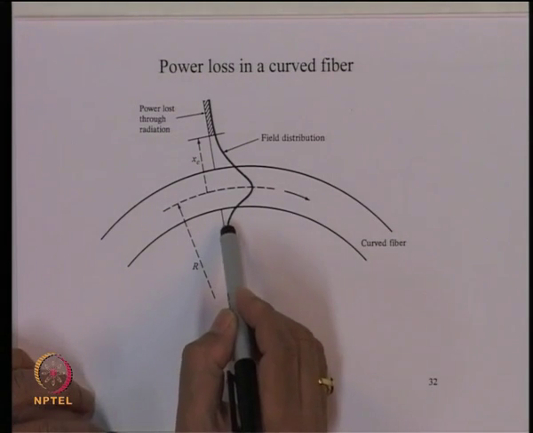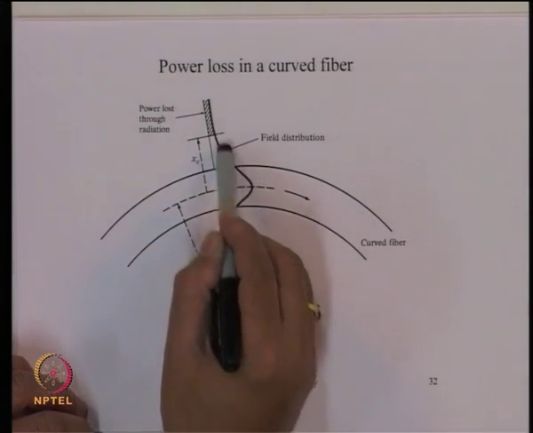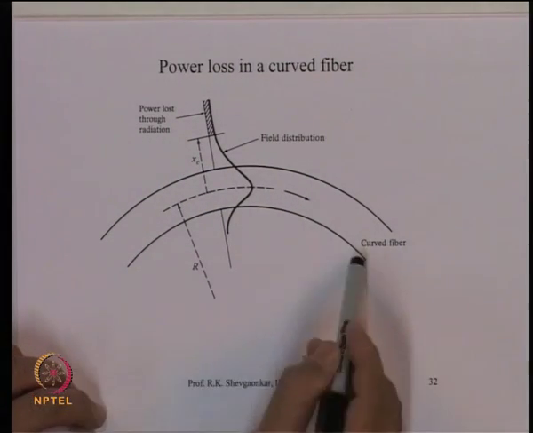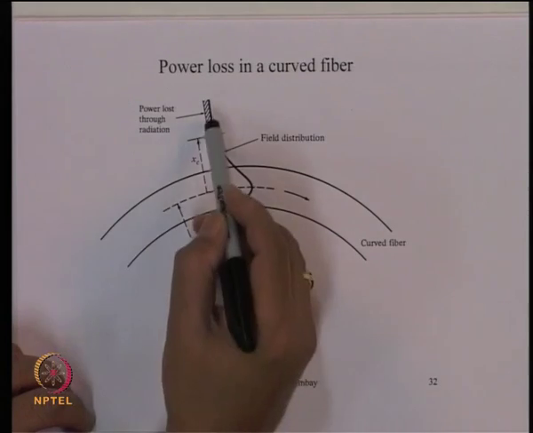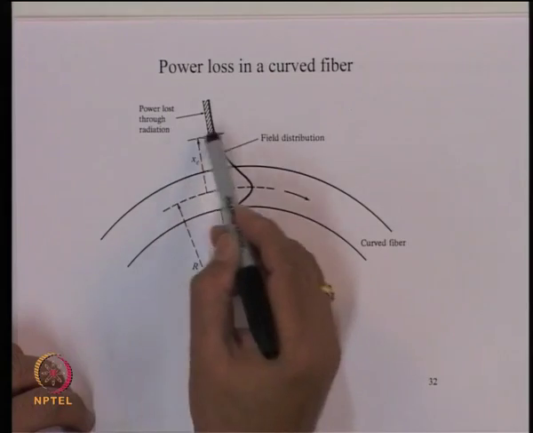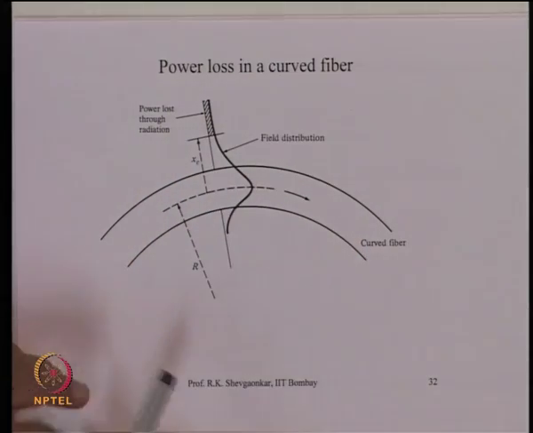Similarly, if I consider a mode whose field is much more spread inside the cladding, then for a given bend, more energy will be radiated, because you will have more electric field amplitude beyond the distance at which the velocity becomes greater than the velocity of light in that medium.